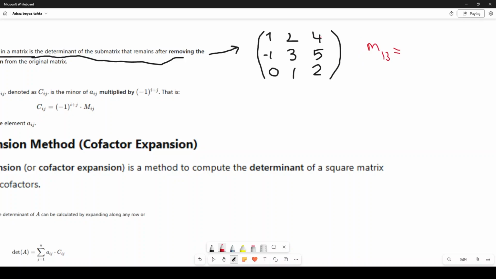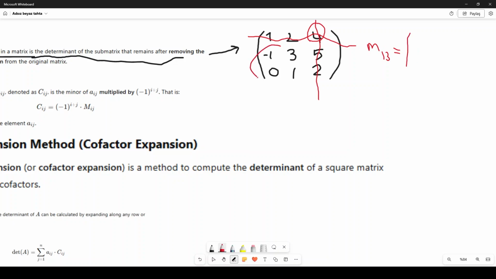This means that we need the component of this matrix that lies at the intersection of the first row and the third column. This is 4. So I need to delete the row and column that include this entry, meaning I delete the first row and I also delete the third column. What is left behind? Without changing any order for the elements that remain, I just write the remaining ones.